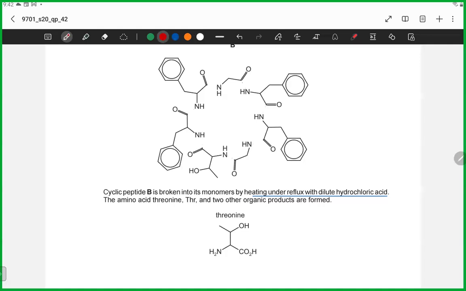What happens is the C=O turns into a carboxylic acid, and this becomes NH2. This becomes NH2. This becomes a carboxylic acid. This is NH2.